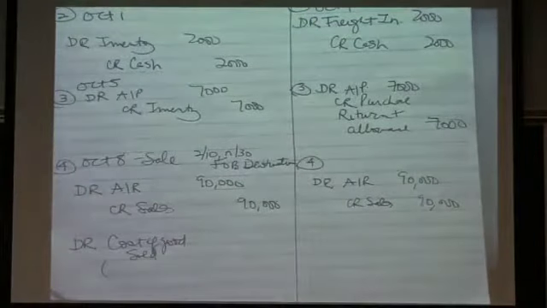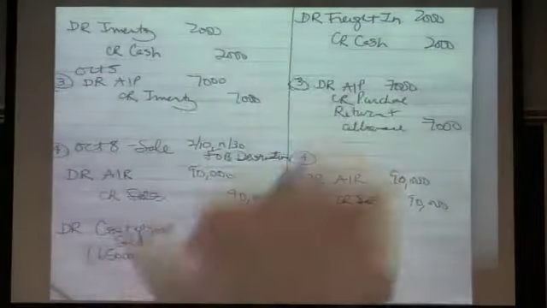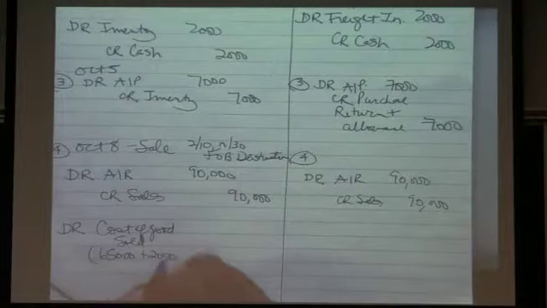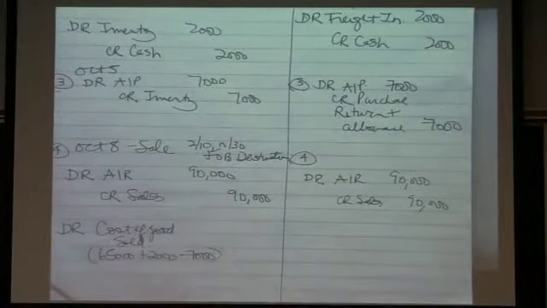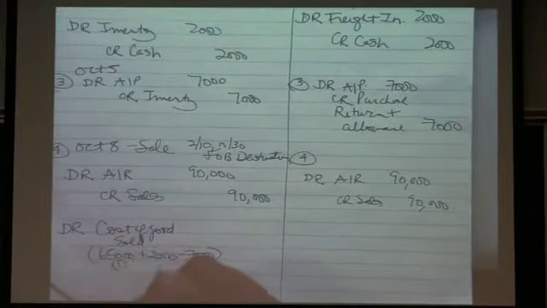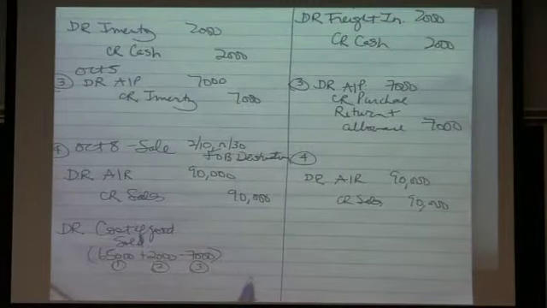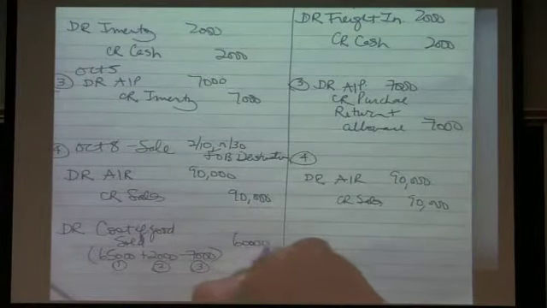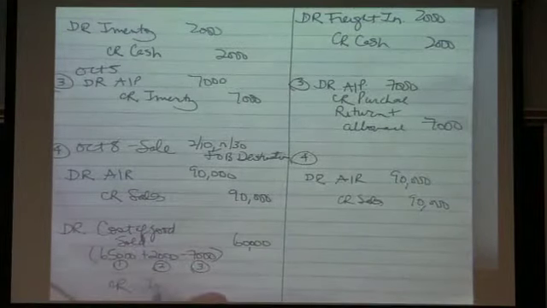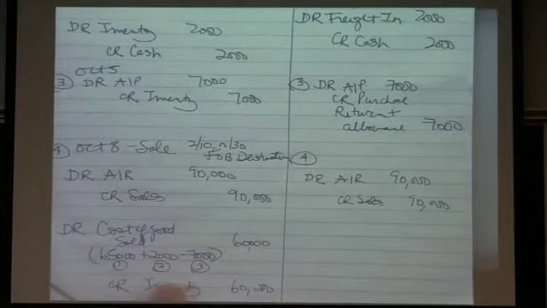Well, first of all, we paid $65,000 for those goods, plus the shipping cost of $2,000, minus the return. So this is entry number 1, number 2, and number 3, to give us a total of $60,000. And we're going to credit inventory, because we need to take it out of inventory.